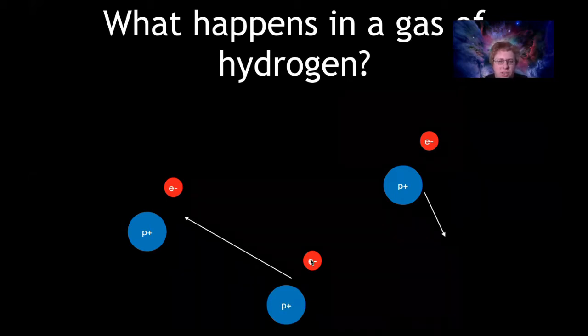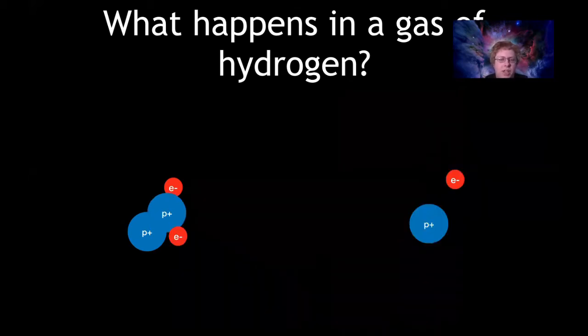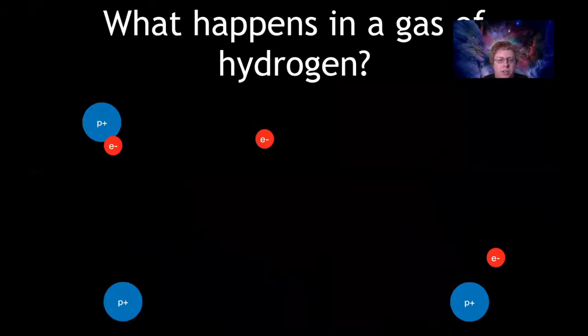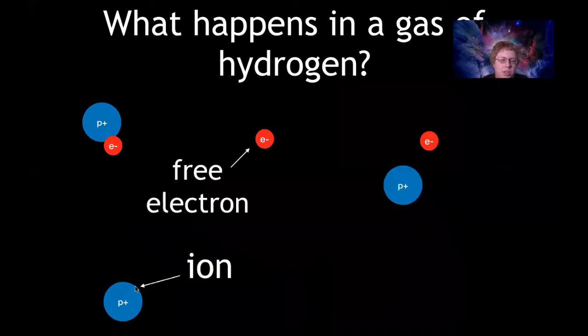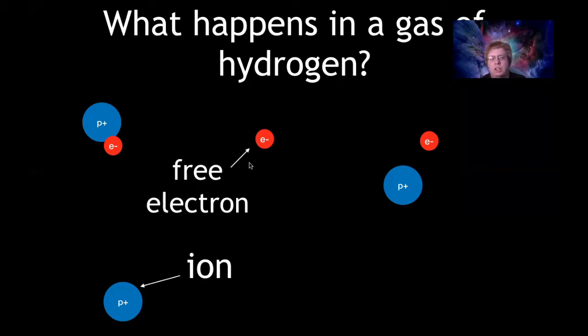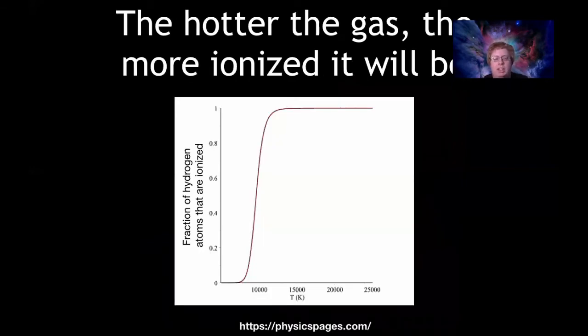In some cases, if this is going fast enough, the collisions are powerful enough to essentially knock off an electron from the proton. And now instead of having an atom, you have what's called an ion, which is an atom that has either lost or gained an electron, and a free electron, an electron that's just going throughout this gas. This process is called ionization, and it preferentially happens in hot gas.